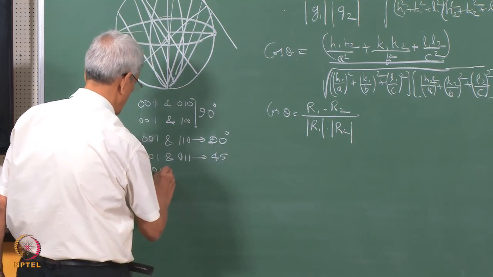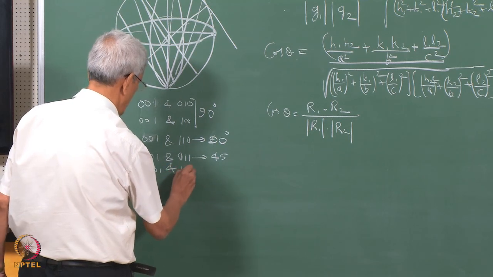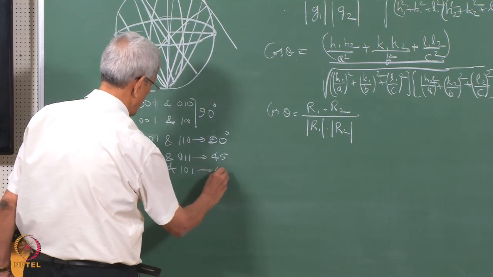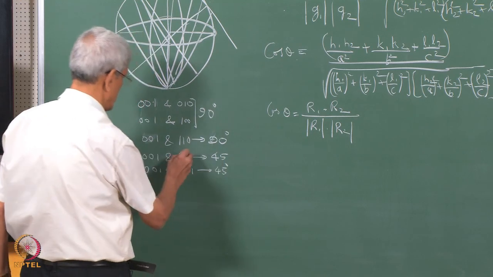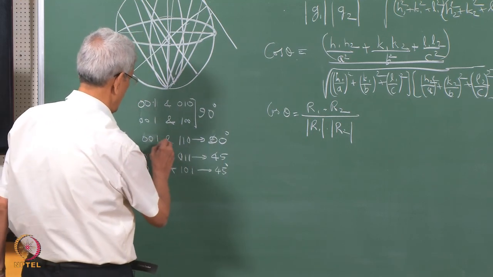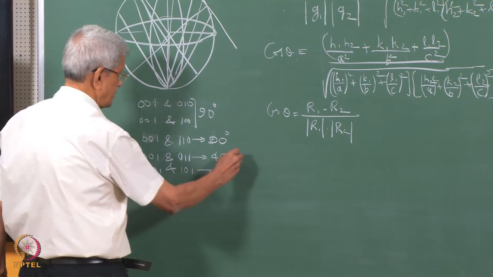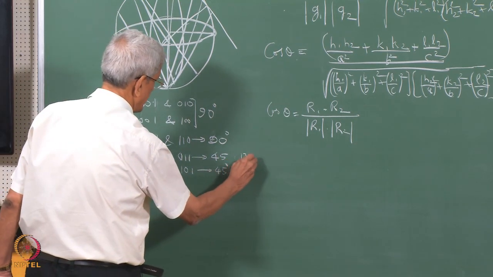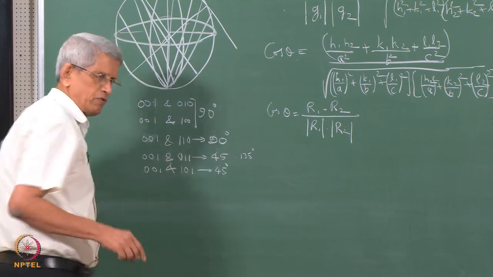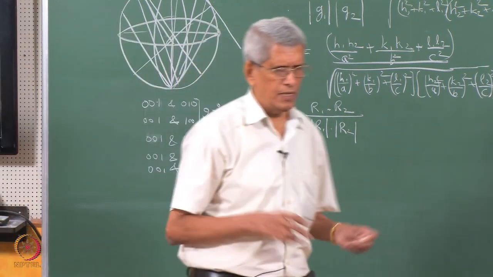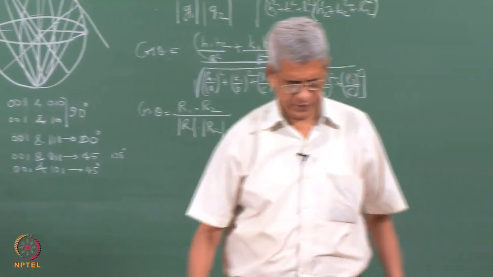Between 0 0 1 and 1 0 1, this angle is 45. If it turns out to be 0 0 1 and 0 1 1 bar, then this angle will turn out to be 135 degrees. These angles we can correctly measure and tabulate.